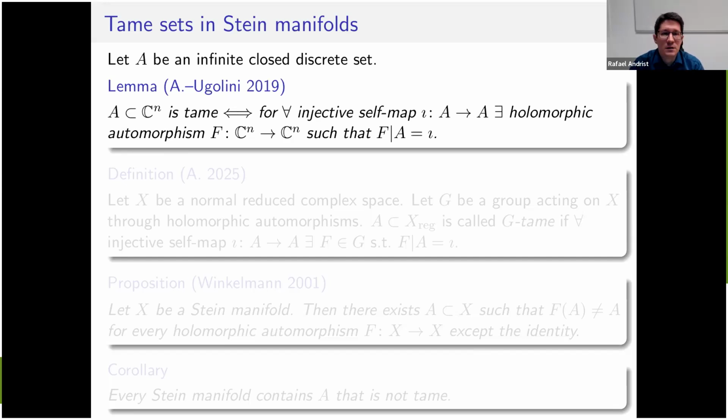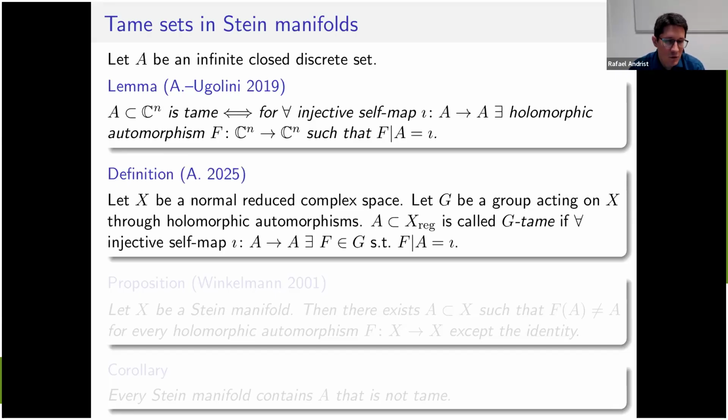And you see this right-hand side of the equivalence now makes sense in a manifold. I can just use this in a manifold as a definition. And it will agree with the original definition of Rosay and Rudin because of this lemma. And now we can also extend it to the singular situation. So we look at a normal reduced complex space, and we look at some set which is in the regular part of that space.